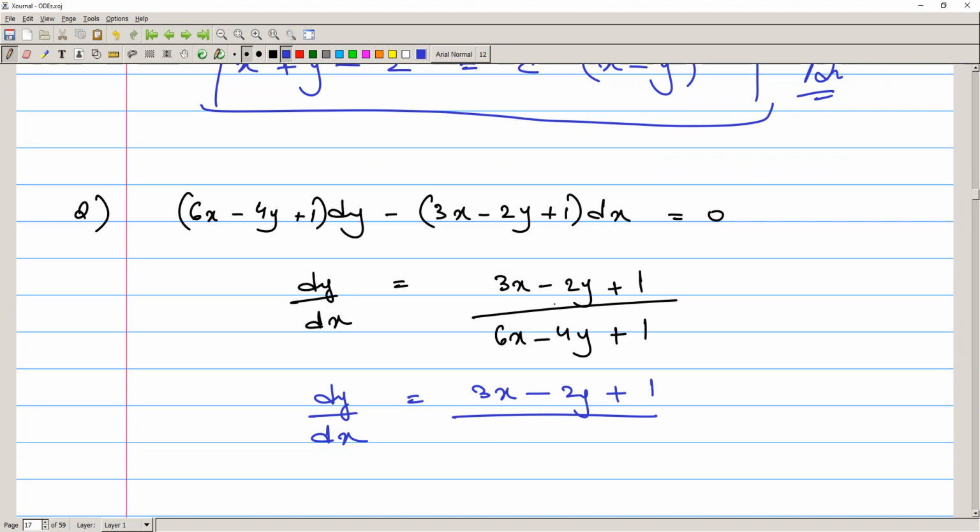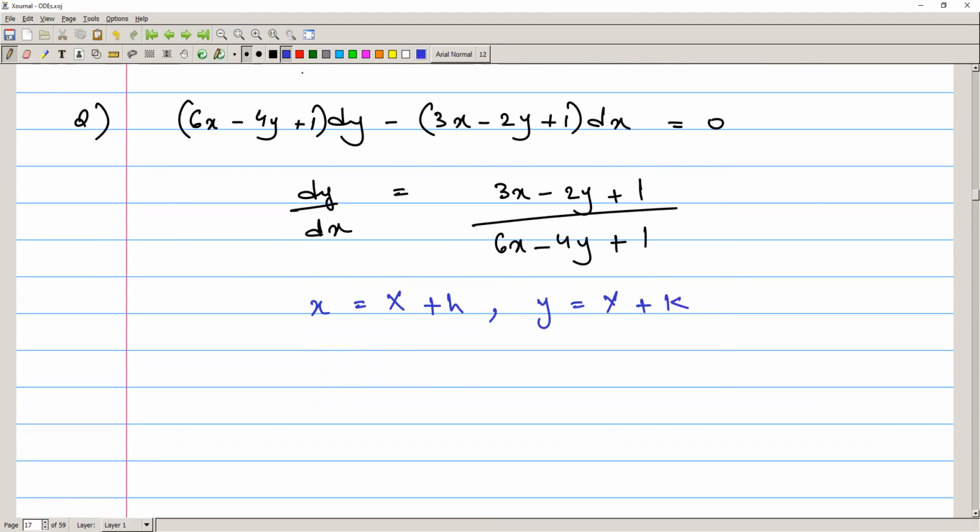So we have to solve it using the similar approach that we used earlier, by substitution. This is similar to the problem that we did already. So we substitute x is equals to x plus h and y is equals to y plus k, and then similarly we can solve the problem.